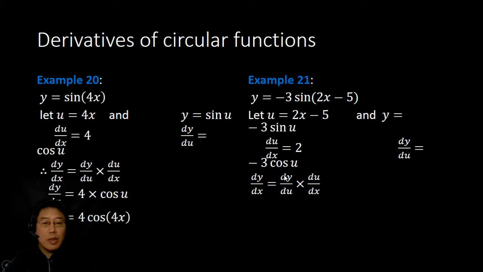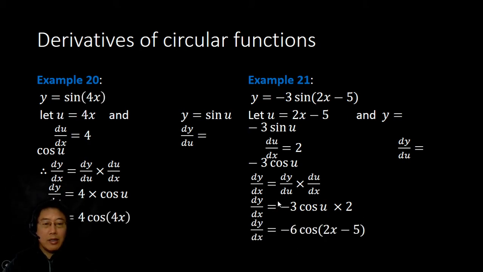Using a chain rule, it's the product of dy over du by du over dx. That gives you negative 3 cos of u times 2. We simplify and resubstitute u by its expression in terms of x, and we get negative 6 times cos of 2x minus 5.